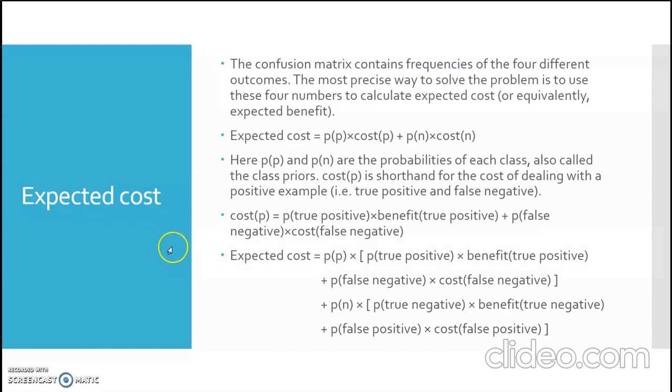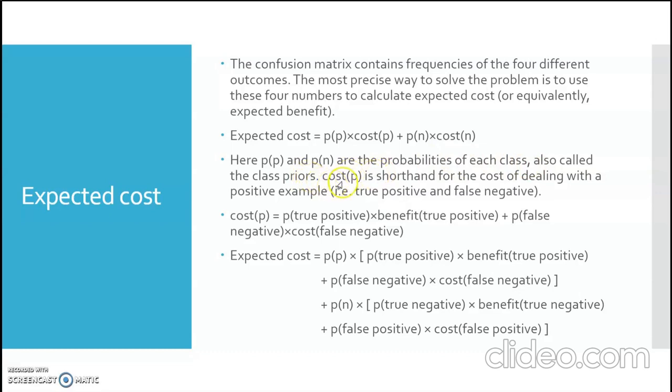This is the formula. Here we have the probability of positive and the probability of negative. The PP and PN symbols are the probabilities of each class, which, remember, are the class priors.